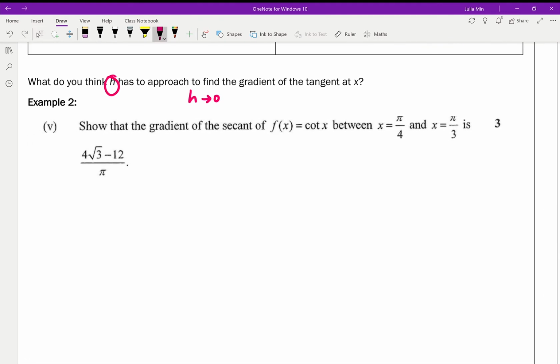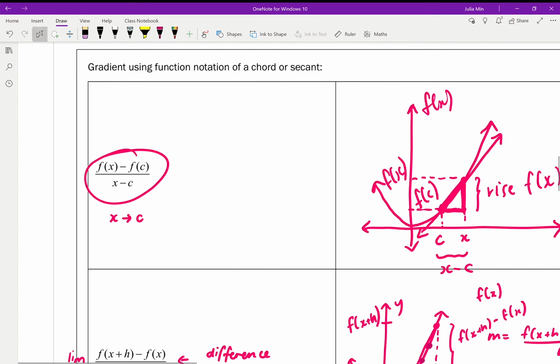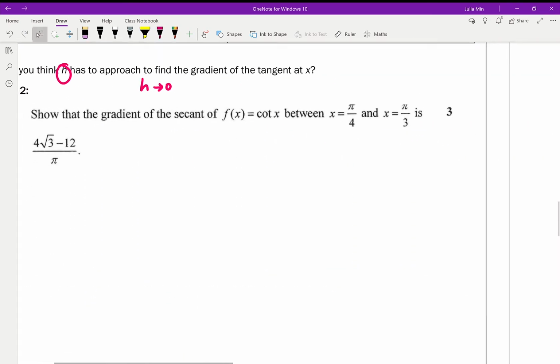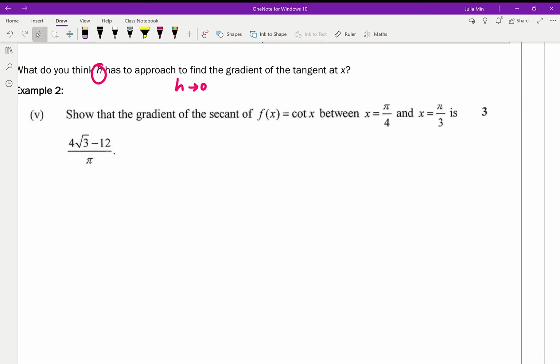However, we are going to use just the difference quotient, or the first one, to find the gradient of a secant of cot. Now, this is a mesh between trig and calculus. Okay, cot looks like this, where this is 90.